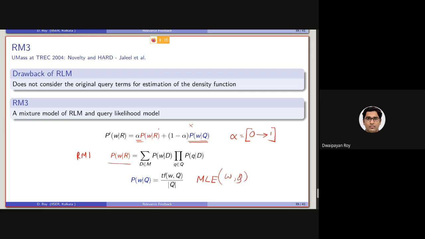We are only considering this factor. Now, why is it RM3? Because it is the mixture model with RM1. There is also an RM4, which is the mixed model of RM2 with the Q model.